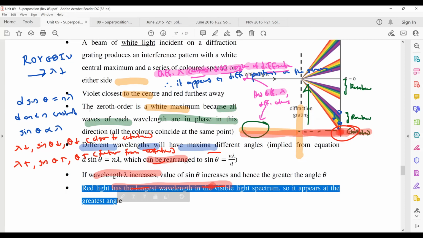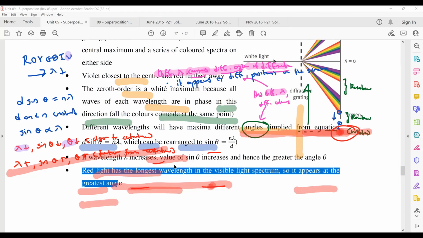Violet light has the smallest wavelength, so it will always appear at the smallest angle. So what I'll say here is: red light, largest wavelength, appears at the greatest angle. Violet light is the smallest wavelength, and its angle would be the smallest.